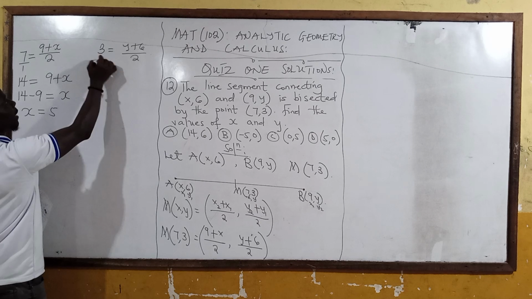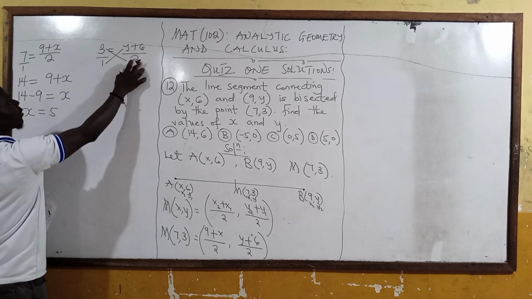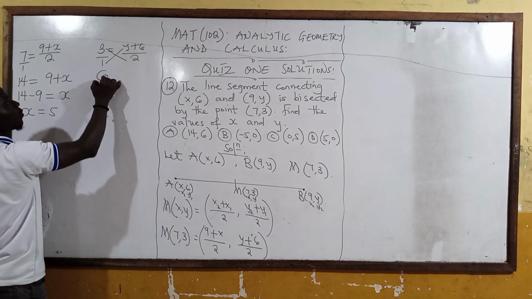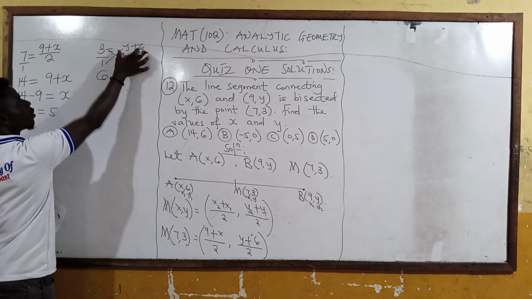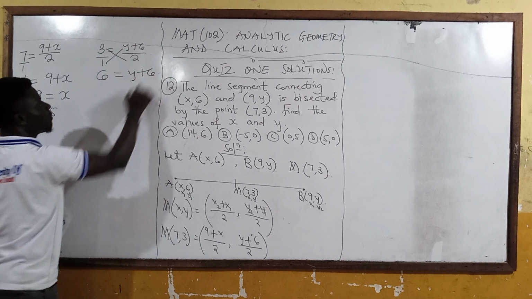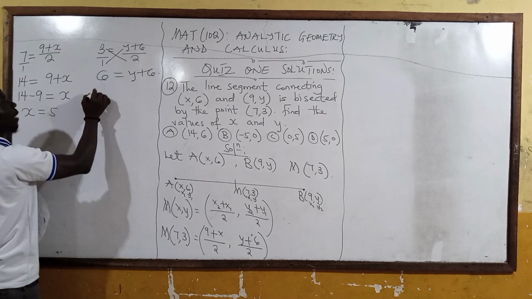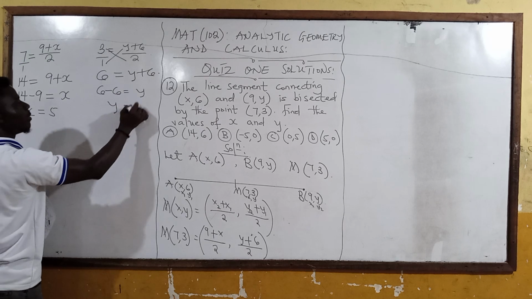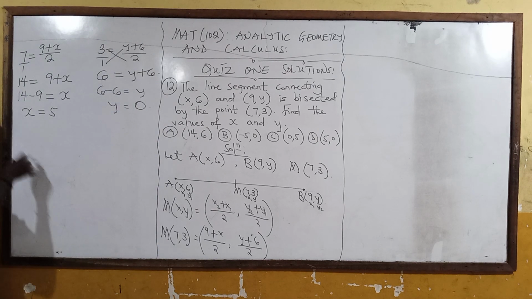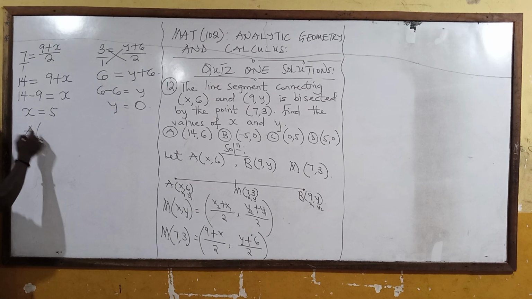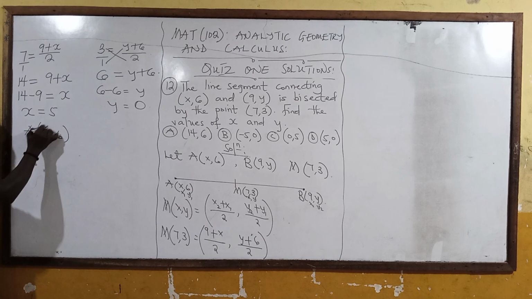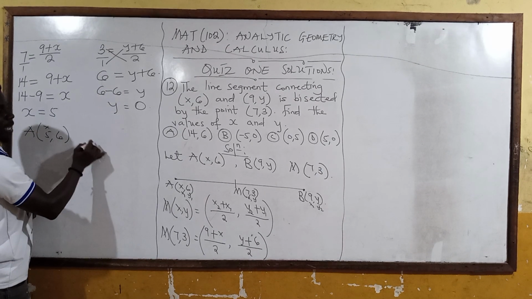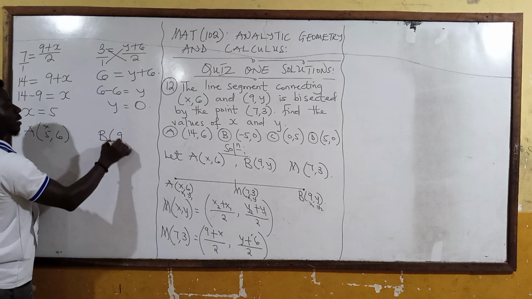The same thing we apply here. By cross product, you have 2 multiplying 3, which gives 6 equals 1 multiplying the same expression. We collect like terms: 6 minus 6 equals y, and y equals 0. So now I can say that my point A is 5, which is the x value, then my point B is 9, 0.